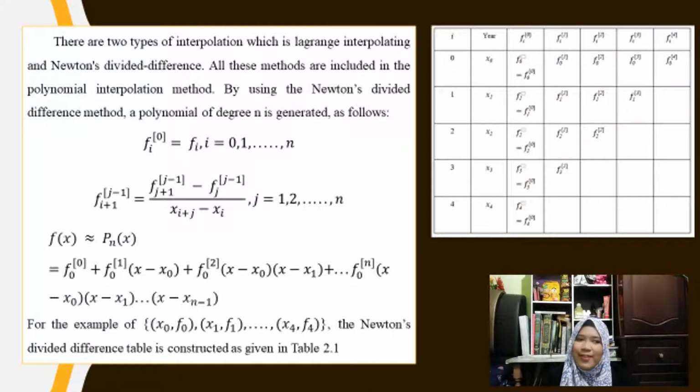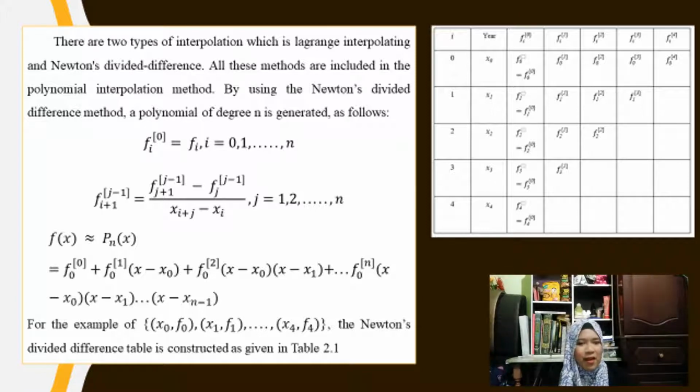By using the Newton divided difference method, a polynomial of degree n is generated as follows: f[xi] equals f(xi), where i equals 0, 1, and so on until n.